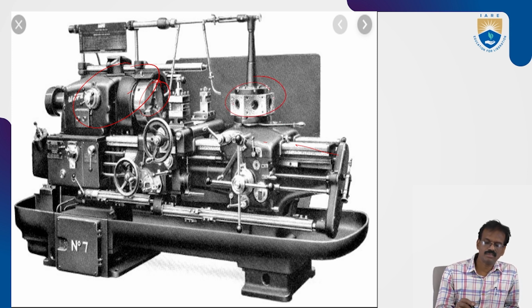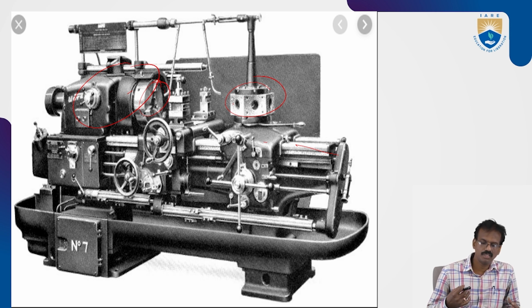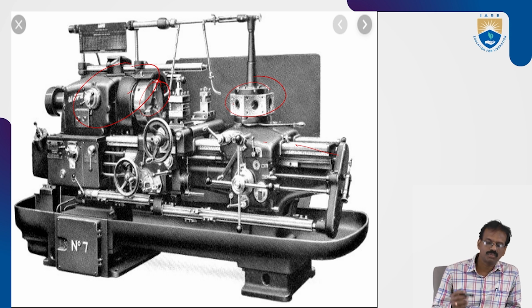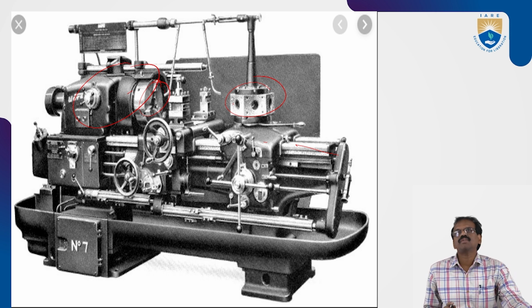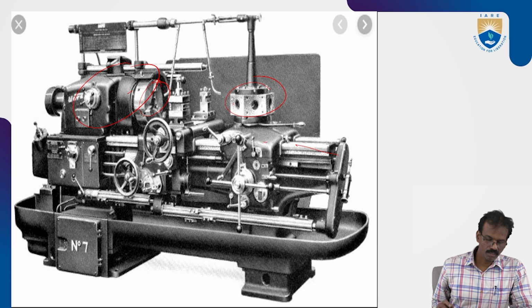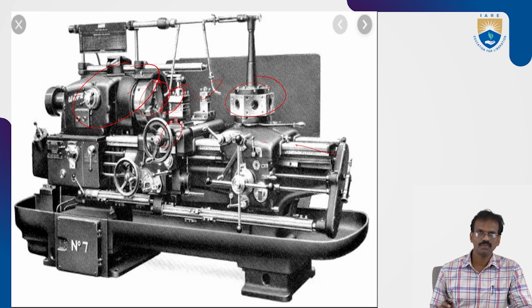This turret has 6 faces. On each face there is accommodation to position the tool bits and the tool post, so you can fix 6 types of tool bits. On the rear portion there is a tool post, and on the front portion there is also a tool post. On these tool posts we can fix different tool bits as well.